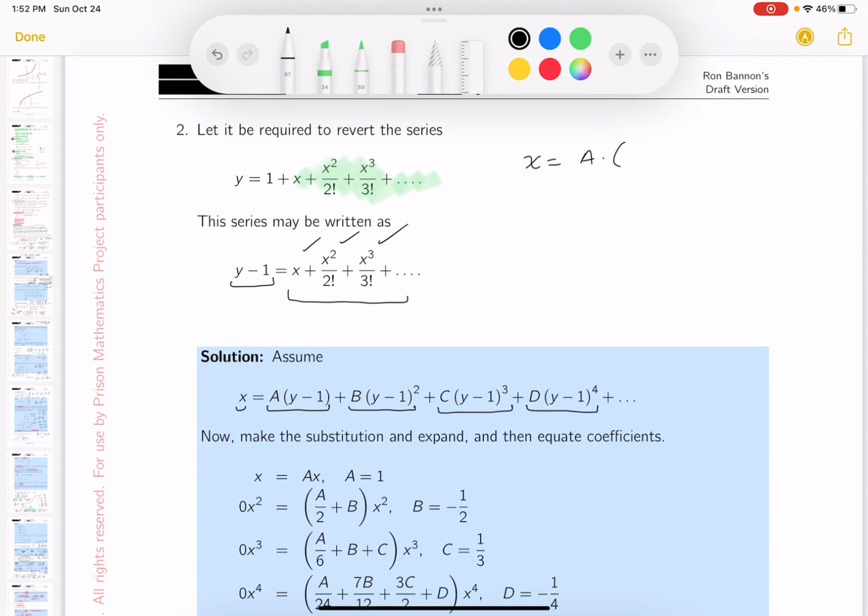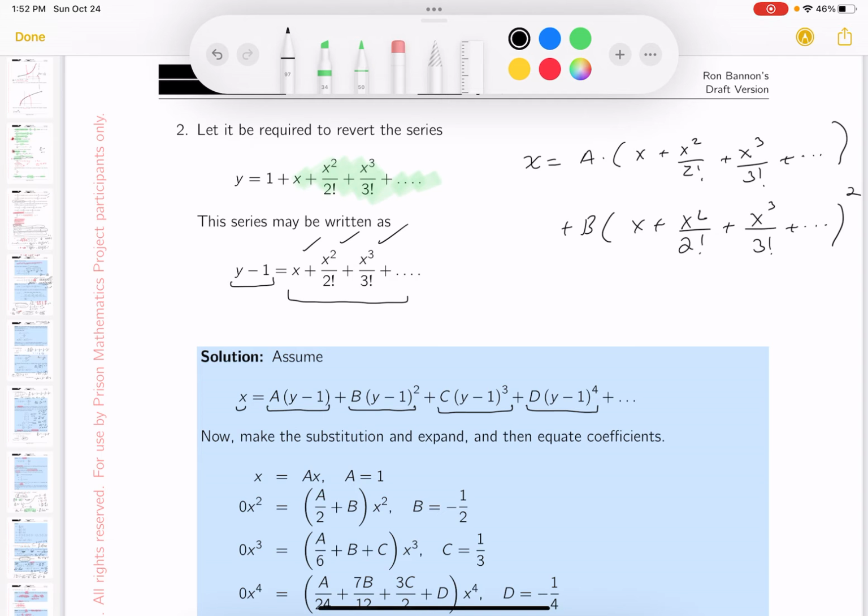Y minus 1 is going to be x plus x squared over 2 factorial plus x cubed over 3 factorial, yada, yada, yada. It goes on forever. Plus b times this thing, and this is the tough part. We're just writing it down and realizing you have to do that.